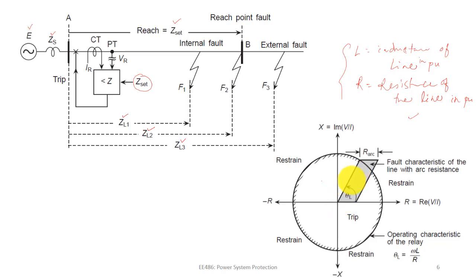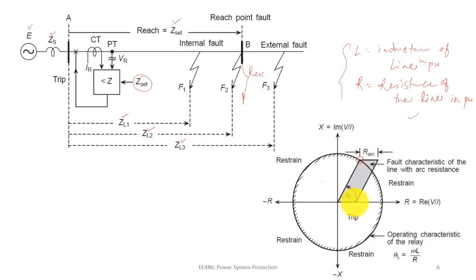So obviously this is your Z set. And if we add the arcing resistance, suppose we have an arc here having a resistance of R arc, and we add that arcing resistance to the impedance, that in fact gives us the fault characteristic.